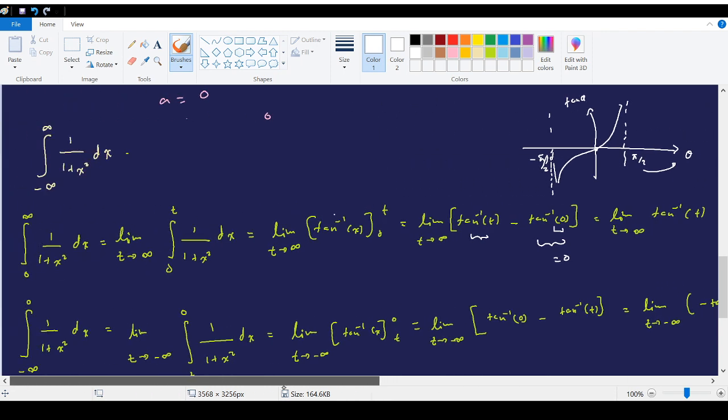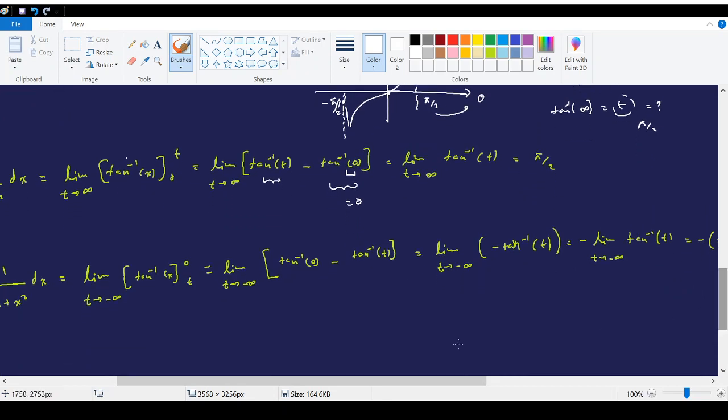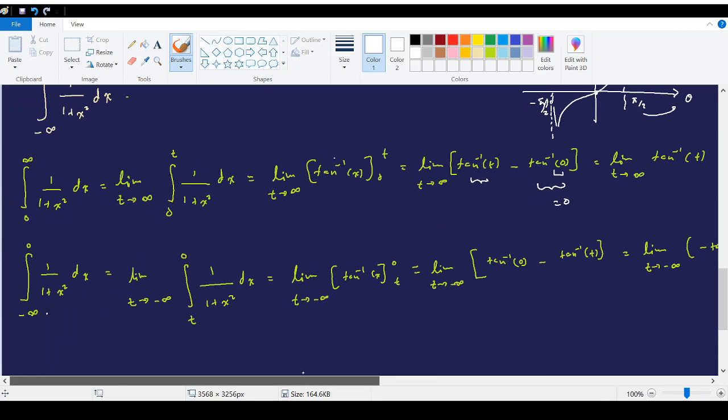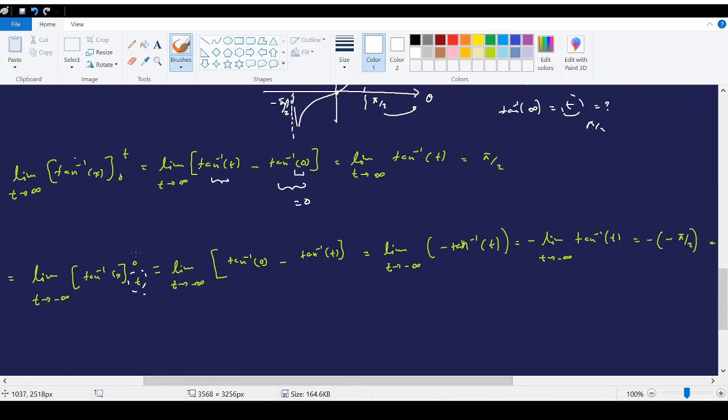And similarly for the other direction, for the second integral, you have negative infinity as the lower limit, and by computing these values, do it carefully, because you have 0 as the upper limit and t as the lower limit. So when you substitute those limits, 0 should go first and minus the lower limit. That's the way we substitute these lower and upper limits for the integrals.